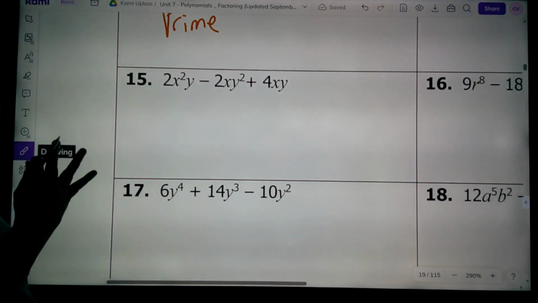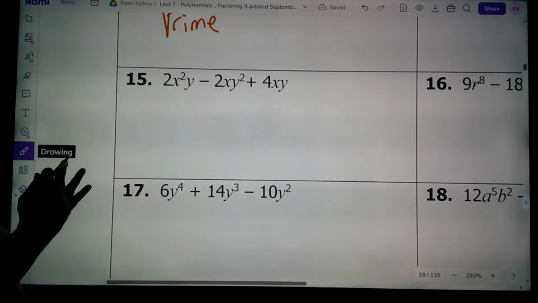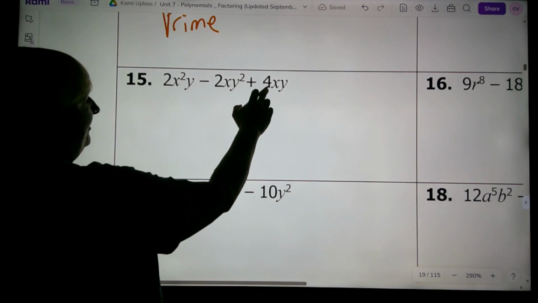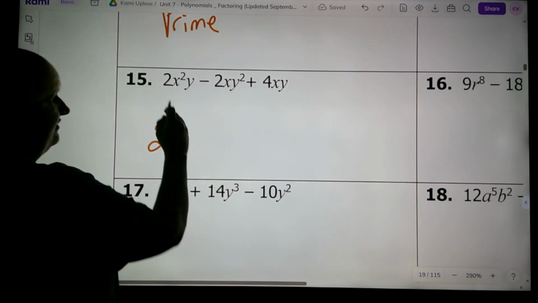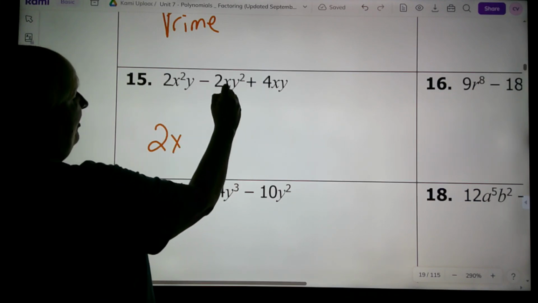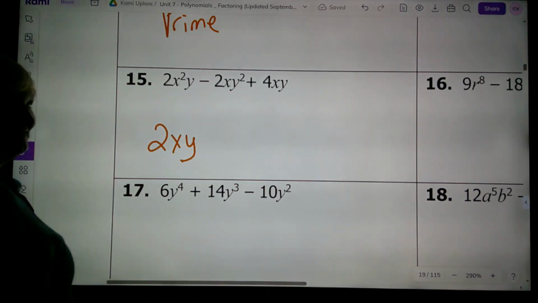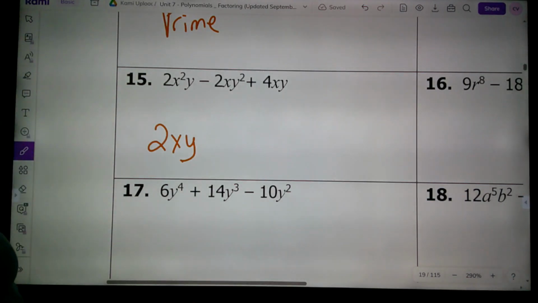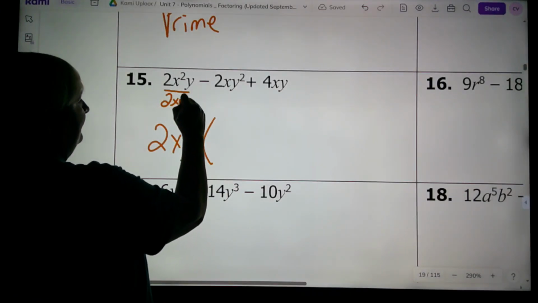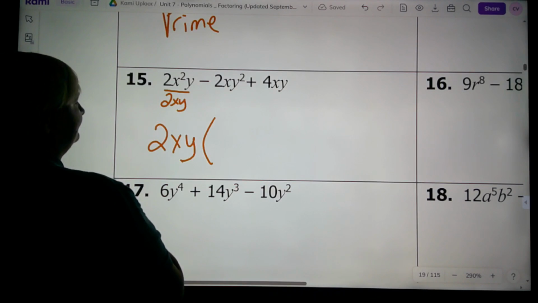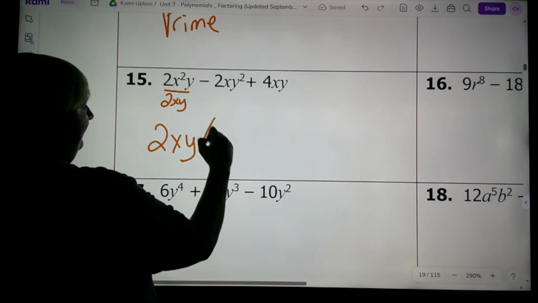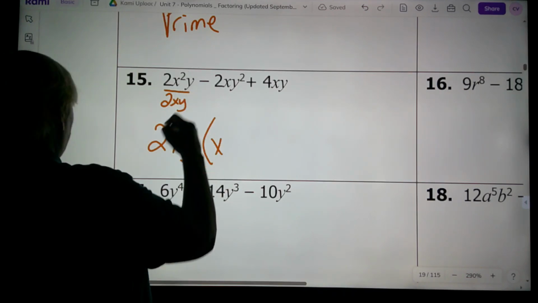Alright, 3 terms. Let's find something they all have in common. They can all be divided by 2. They all have at least one x. And they all have at least one y. So if I divide this by 2xy, I get 1, doesn't need to be there, x, right?